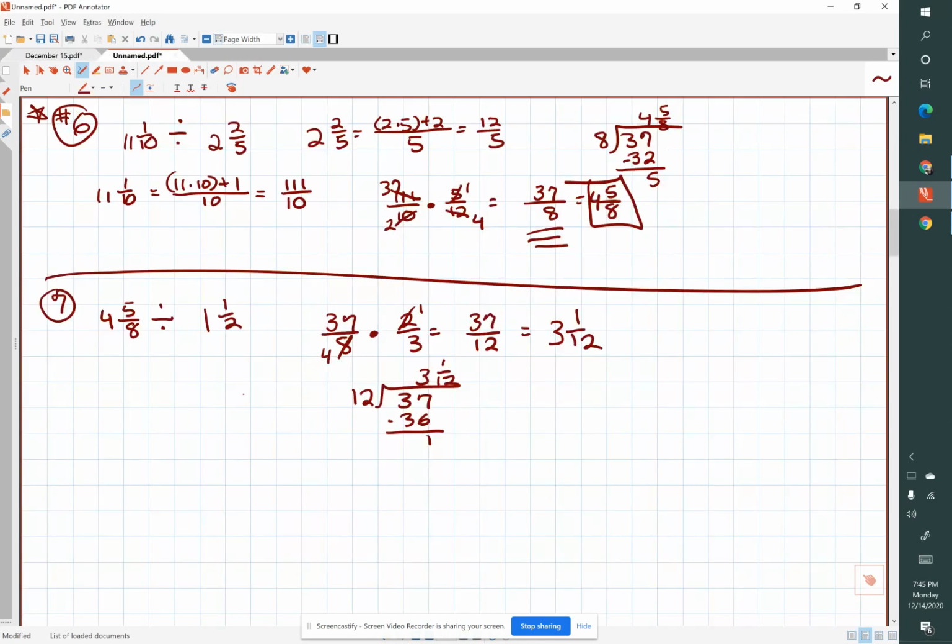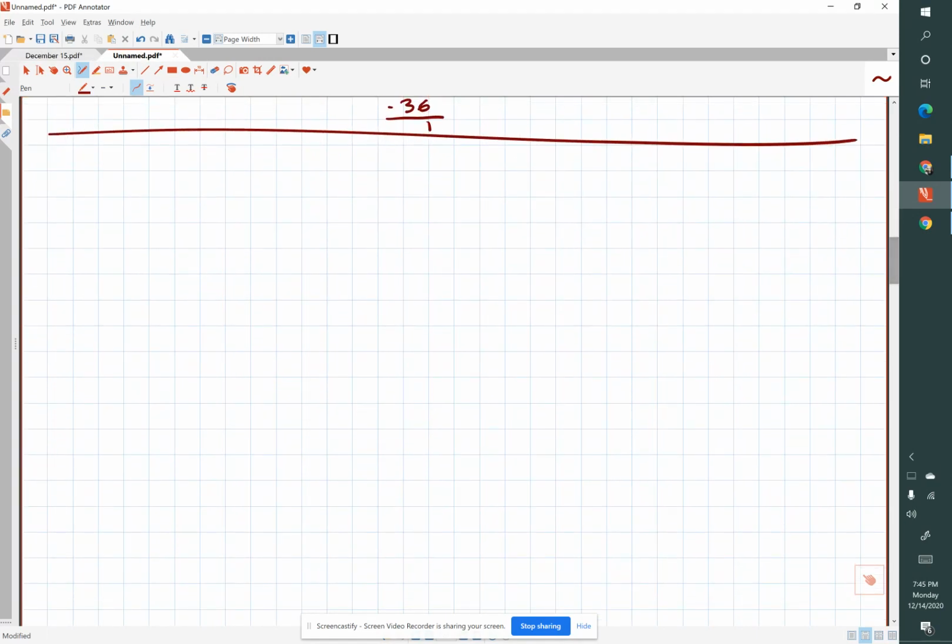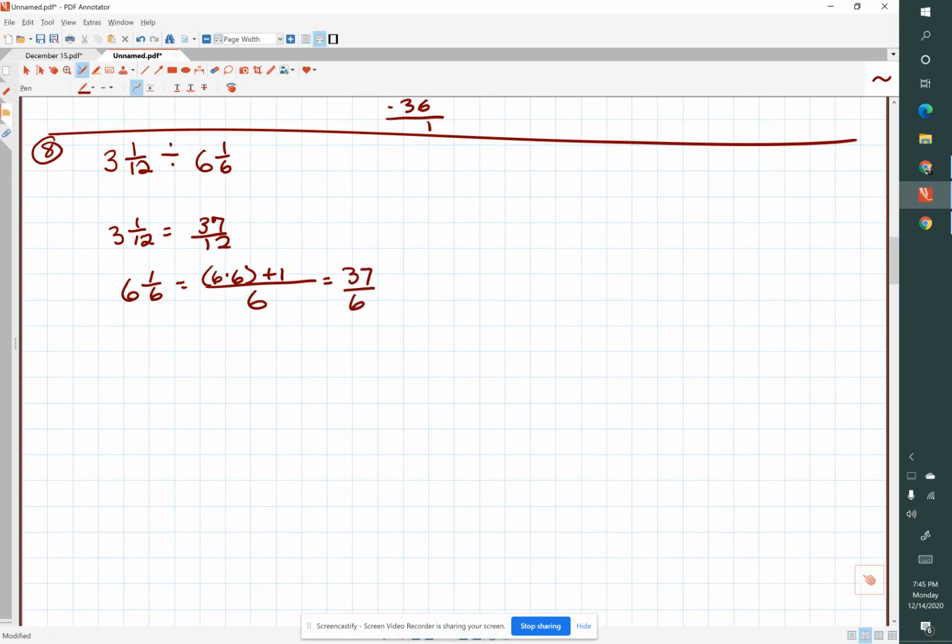And on to number 8. So number 8, 3 1/12 divided by 6 and 1/6. So 3 and 1/12 equals 37/12. 6 and 1/6 equals 6 times 6 plus 1, which is 37/6.